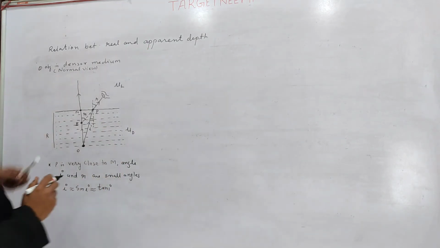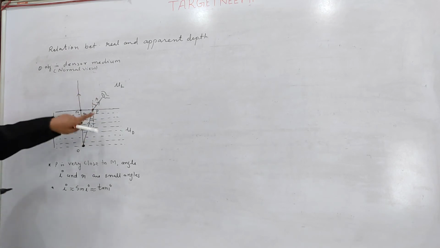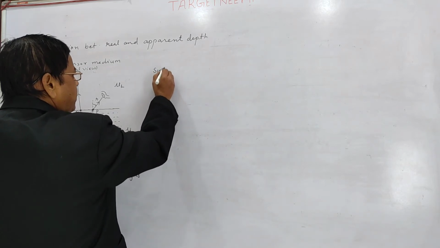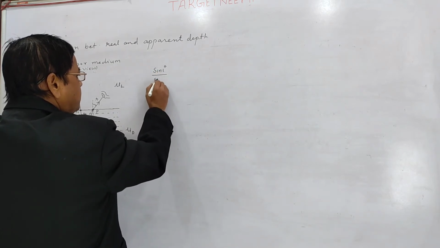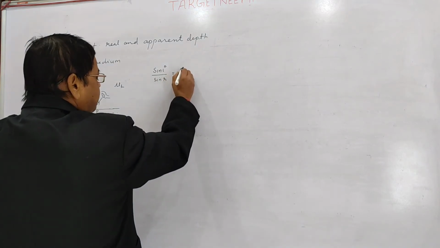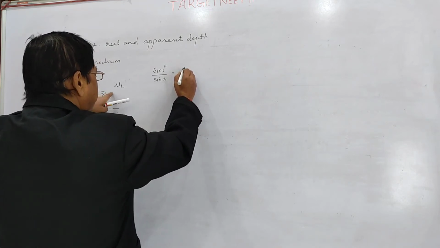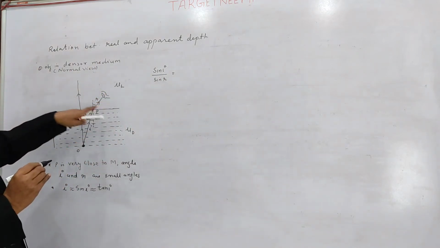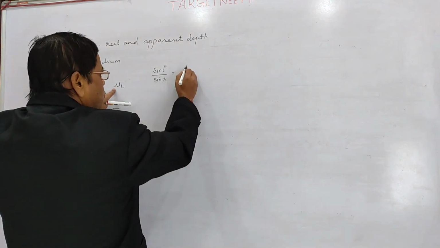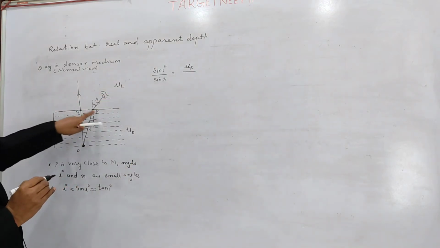Now here, this is incident medium, this is refracted medium. So if you apply Snell's law here, sin I upon sin R is equal to refractive index of refracted medium, that is in this case rarer medium, mu R, divided by refractive index of incident medium.